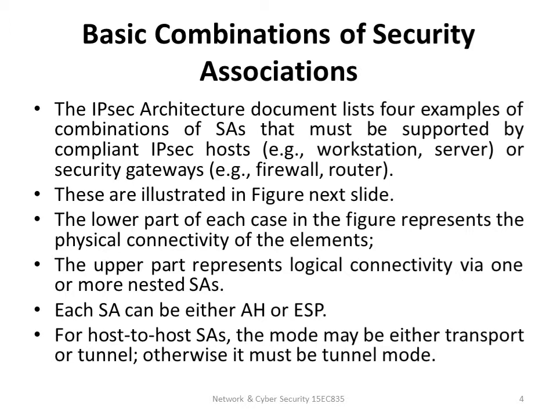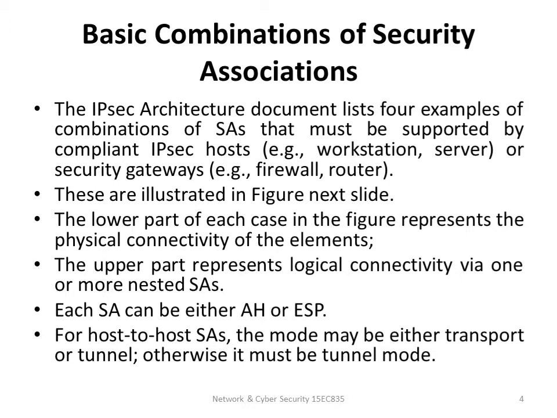The IPsec architecture document lists four examples of combinations of SAs that must be supported by a compliant IPsec host, for example a workstation or server, or security gateways, for example a firewall or router. These are illustrated in the figure on the next slide.